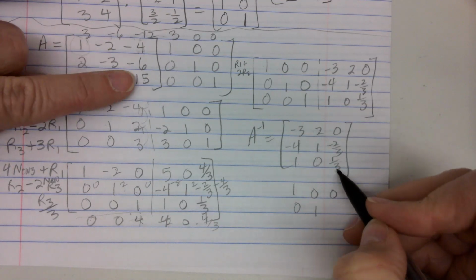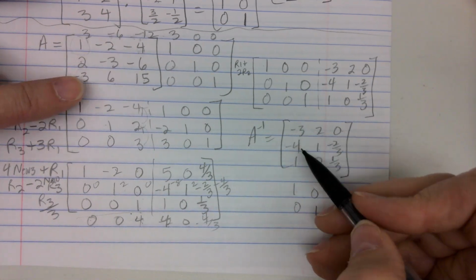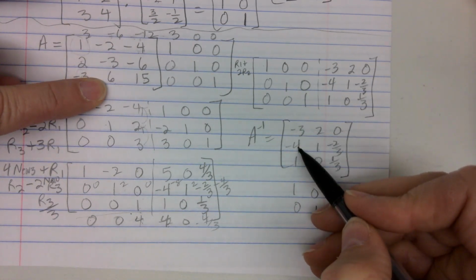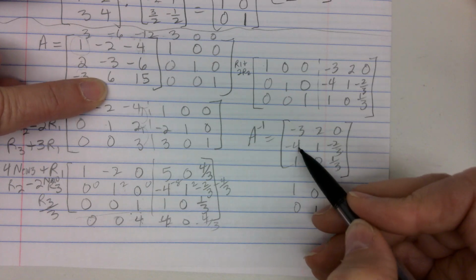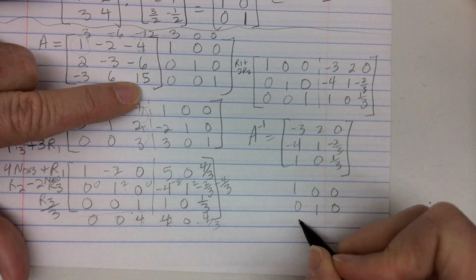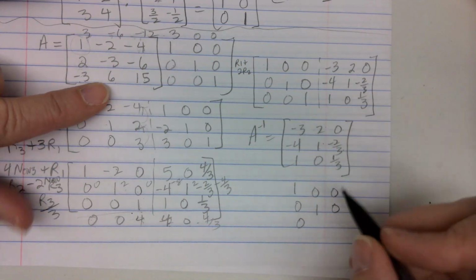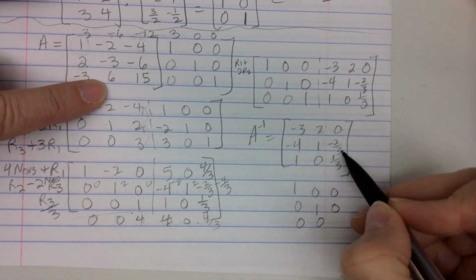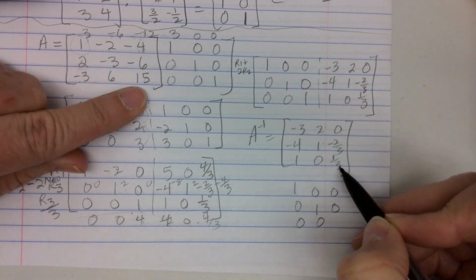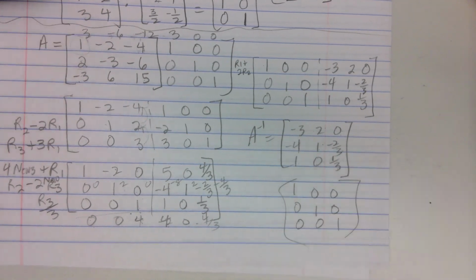Positive 2, negative 2. 9 minus 24. Negative 15 plus 15 is 0. Negative 6 plus 6 plus 0. Last one, 0. Minus 4 plus 5. 1. We got it right.